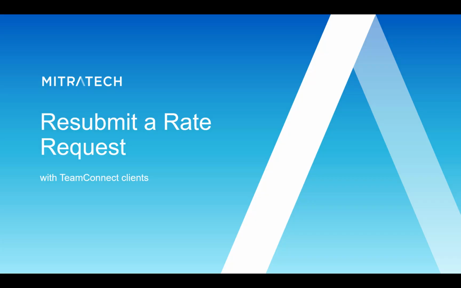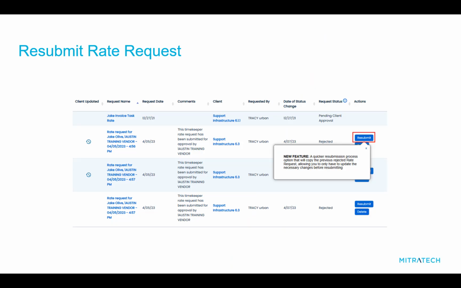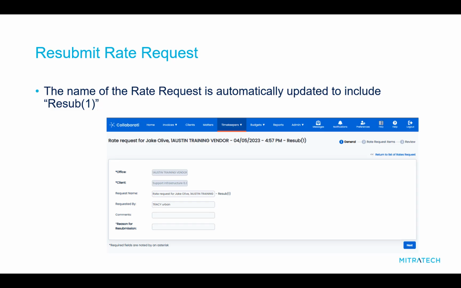Now we'll look at the Resubmit feature. If the initial rate request has the status of rejected, a button appears next to the rate request. The Resubmit button allows users to correct their rate request and resubmit it to their client. Here we've clicked on the Resubmit button.